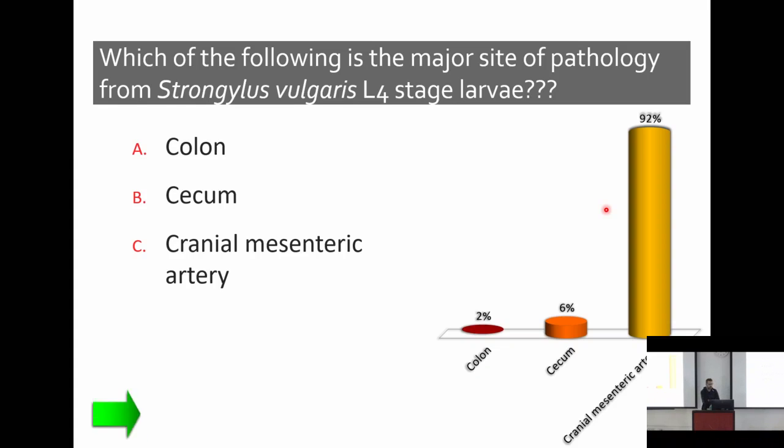Okay, so the cranial mesenteric artery. L4 stage larvae migrate into the cranial mesenteric artery, and then they cause a very severe disease, and the pathology is very important there in the cranial mesenteric artery.